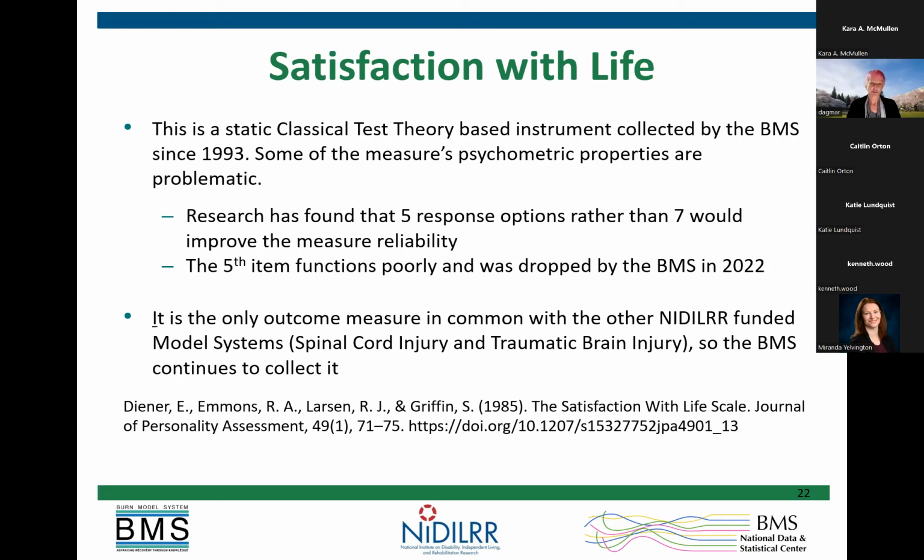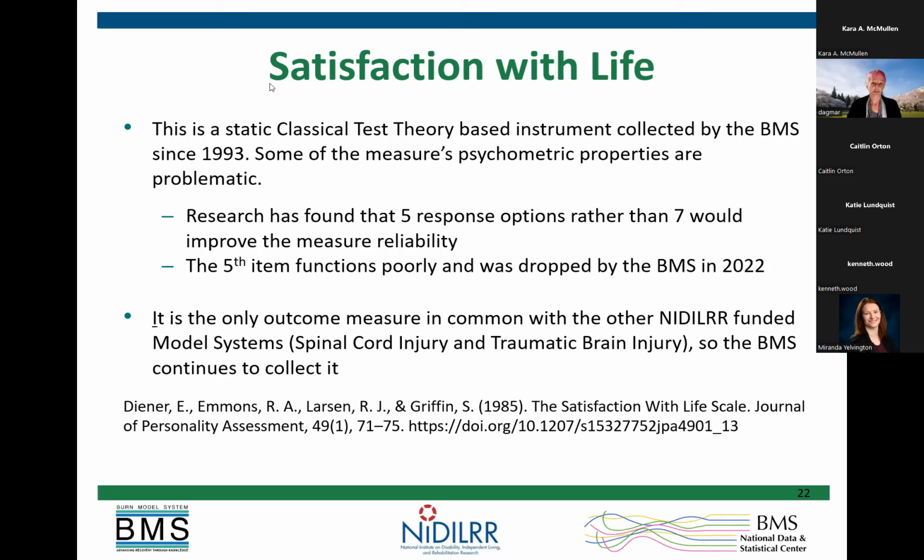Because the measure was developed prior to broad use of IRT, it also has some issues. When we conducted analyses in our measure review, we found that IRT would suggest that 5 response options would be more reliable than 7 response options.